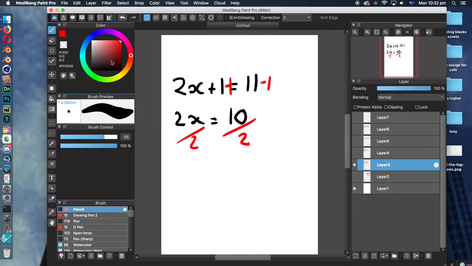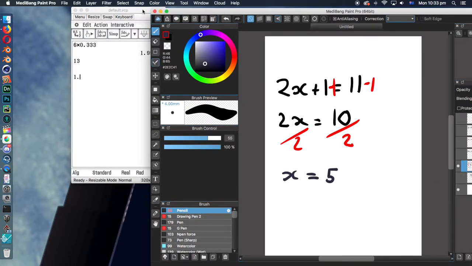These two will cancel each other out, so it becomes x by itself equals 10 divided by 2, which equals 5. x equals 5.